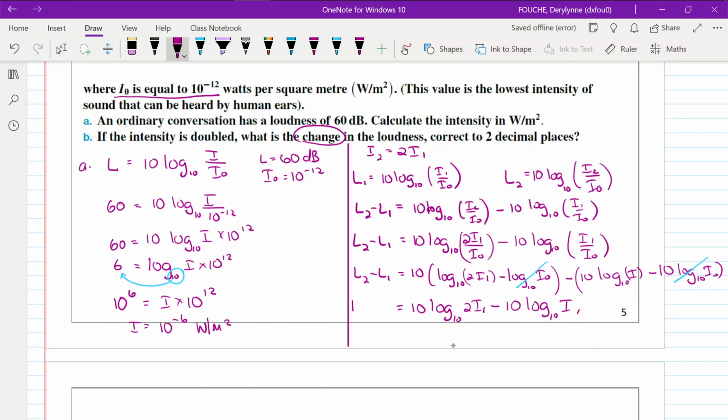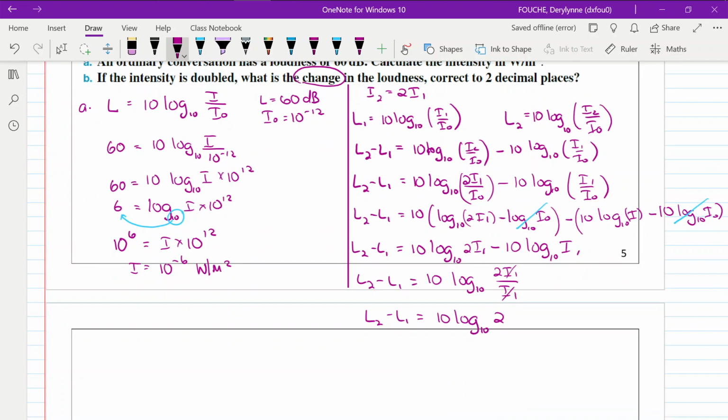Okay, and now I can put them back together again, so that I've got L2 take L1 is going to be 10 log base 10 of 2I1 over I1. Okay, and then what I can do is cancel out my I1, so L2 minus L1 will be 10 log base 10 of 2, and without having to know what I1 and I2 are, my loudness will increase by 3.01 decibels.